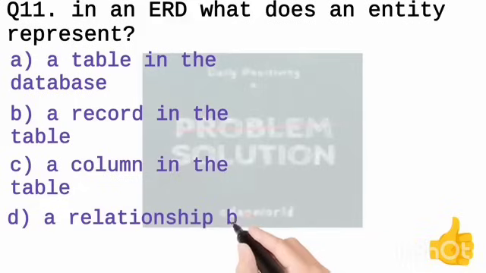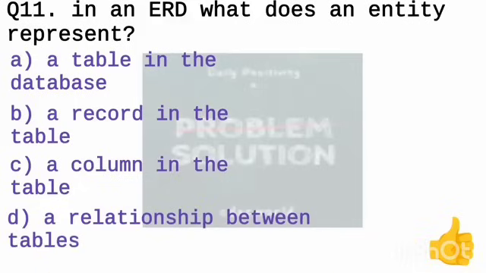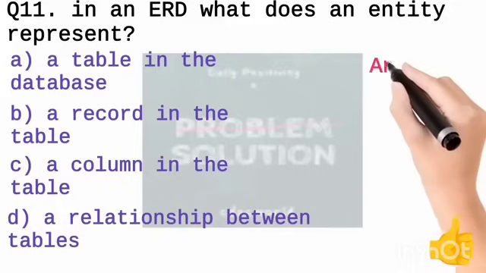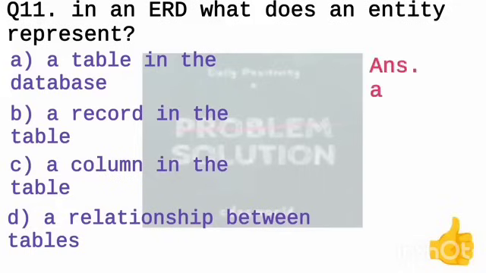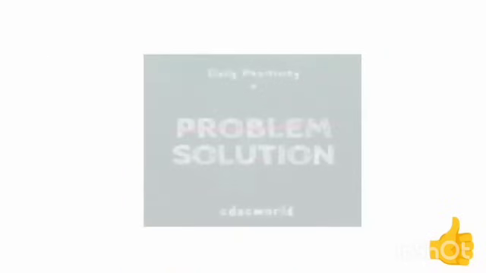And option D, a relationship between tables. And the answer is A, a table in the database.